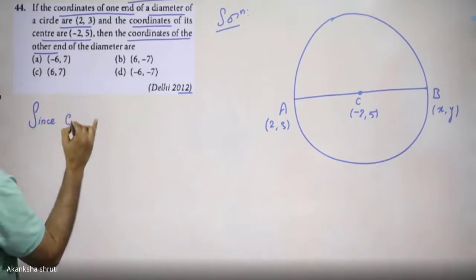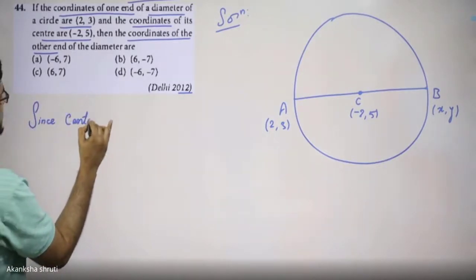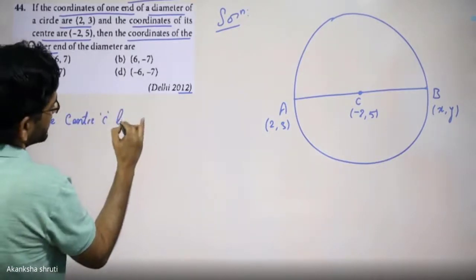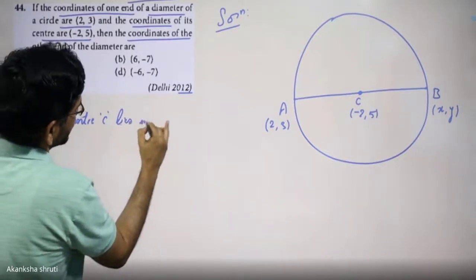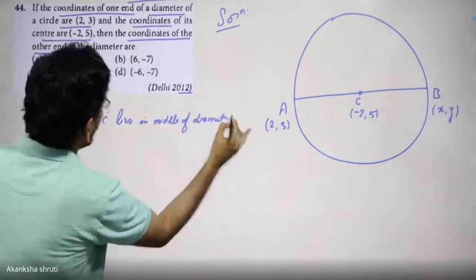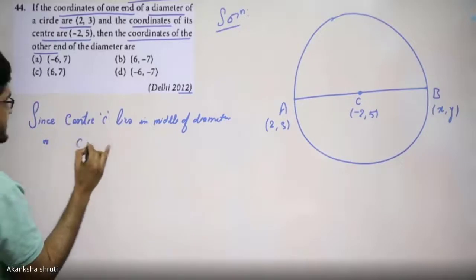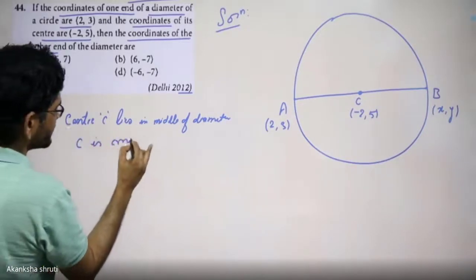Since we know that the center C lies in the middle of the diameter, C is the midpoint of AB.